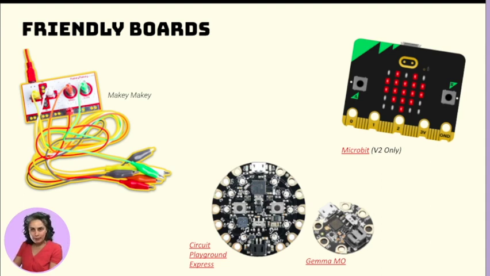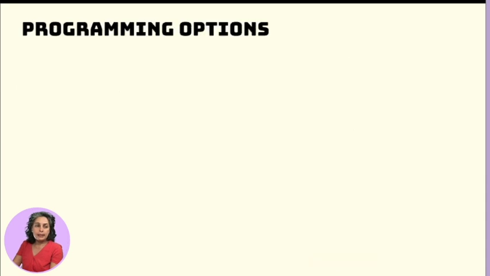The wonderful thing about these boards is that they are alligator clip friendly, so if you don't have soldering skills, you can just clip these little clips on and then create circuits out of any kind of materials. Makey Makey has wonderful resources on how to build switches that connect to it.